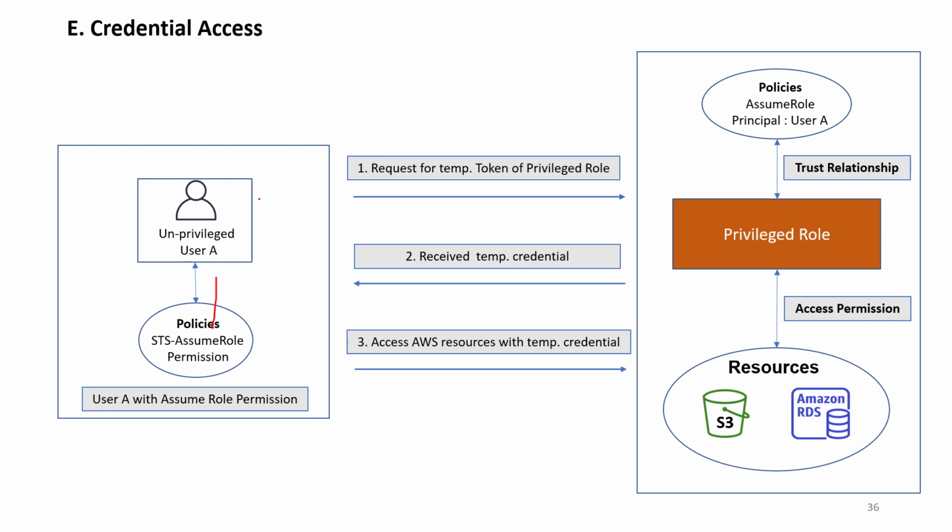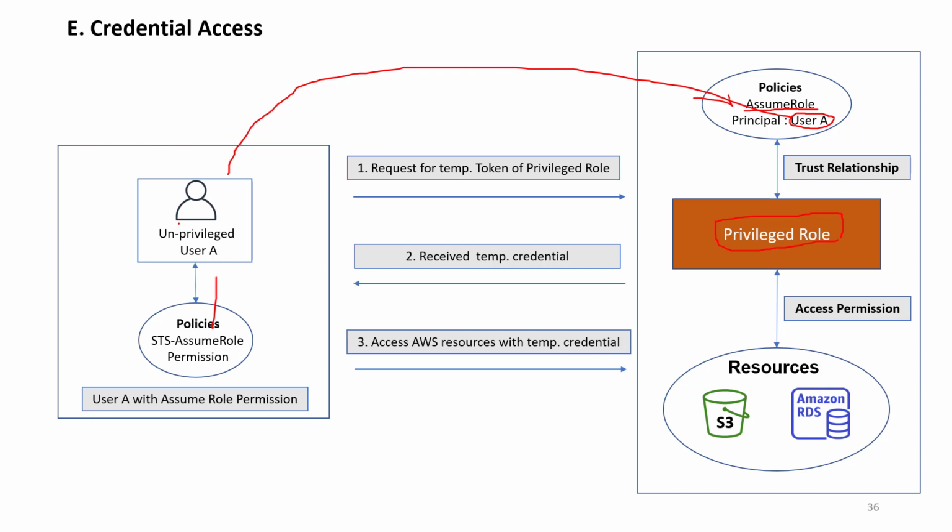On the other end, there is one role called the privileged role, which has enough privileges on these resources, and there is a policy, the same as the assume role policy, but in its trusted relationship the ARN of this user is mentioned. So the principal mentioned in this role belongs to this user. That means this user can assume this role, and this role can be assumed by this user.